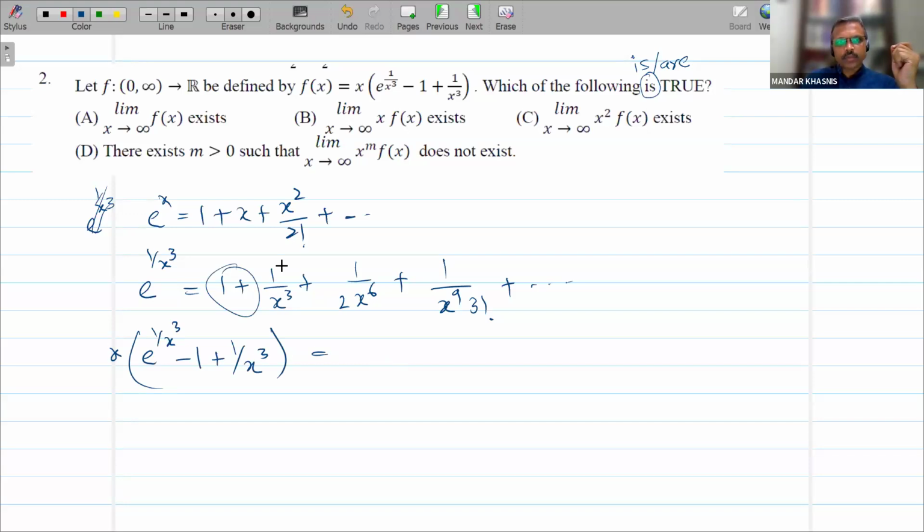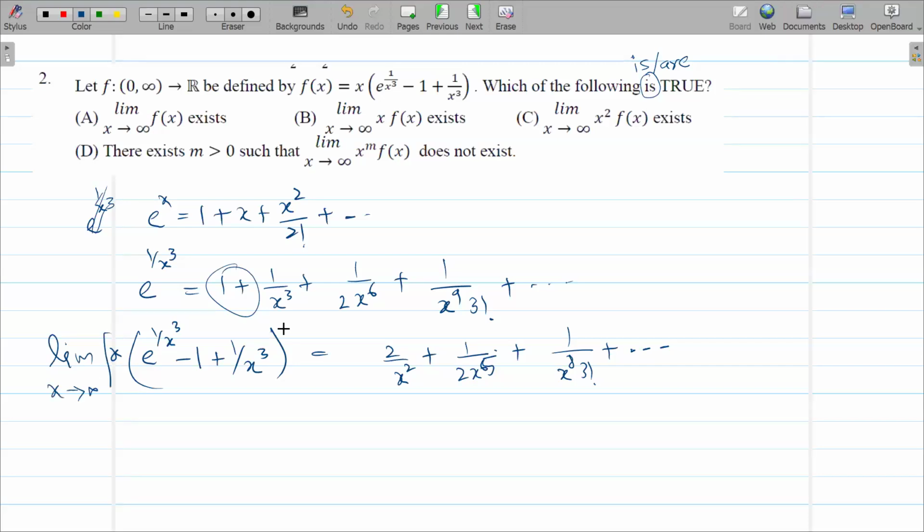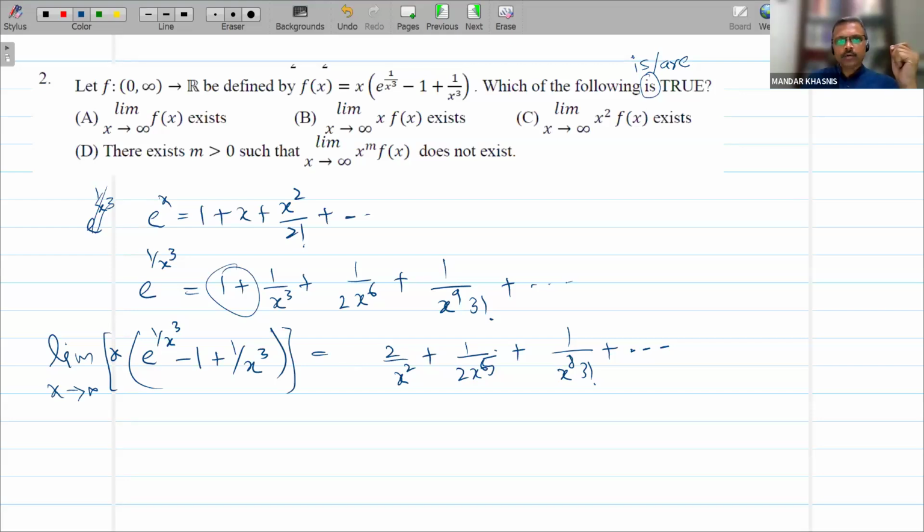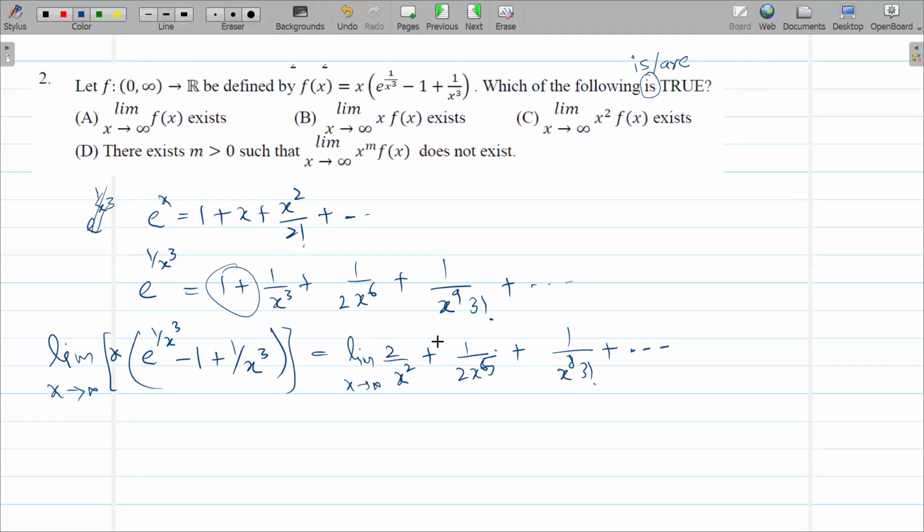So you are left with 1 by x cube plus 1 by 2 x raised to 6, upon x, that is 1 by 2 x raised to 5, plus 1 by x raised to 8, 3 factorial, and so on. Now when you try to take the limit x goes to infinity of this, that uniform convergence will allow you to take individual limits, x goes to infinity of this, x goes to infinity of this and so on.